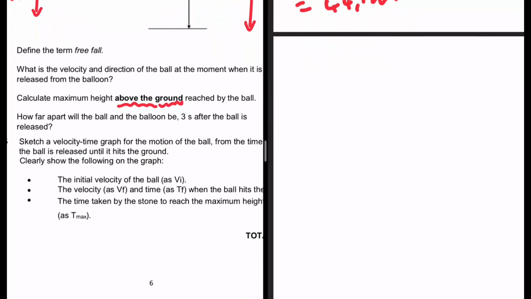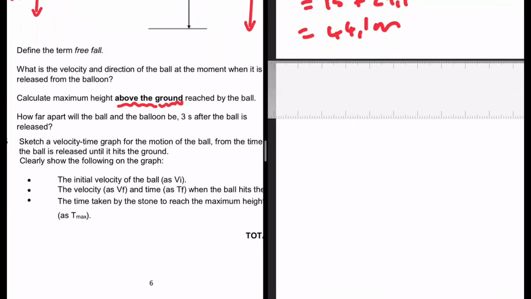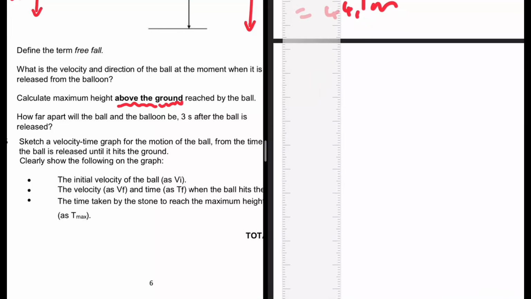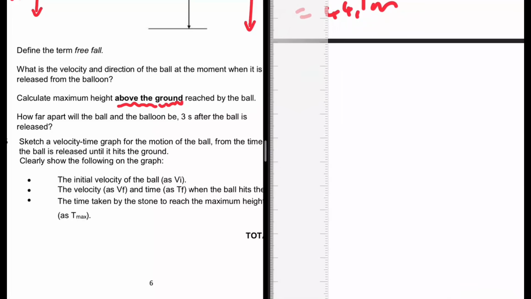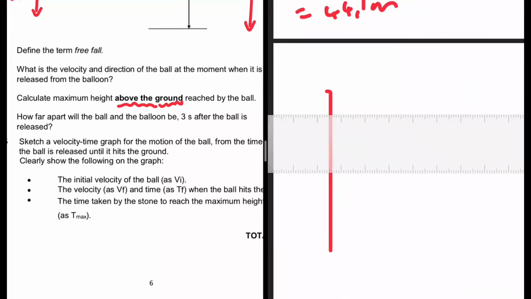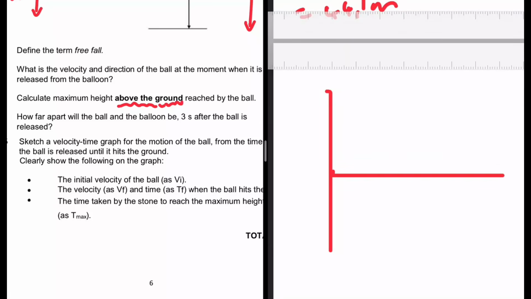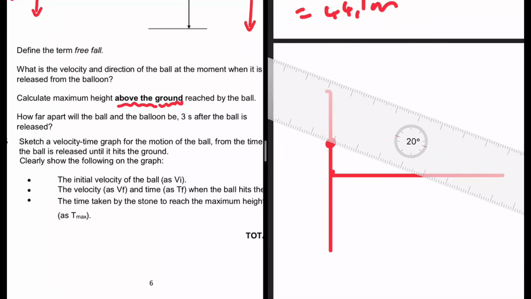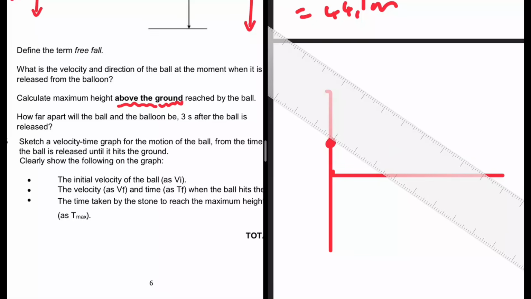We're supposed to sketch a velocity-time graph for the motion of the ball, right? And we're supposed to just indicate the initial velocity as Vi and not put the actual value. So let's say it starts somewhere there, then it goes to reach maximum height, and then it strikes the ground.